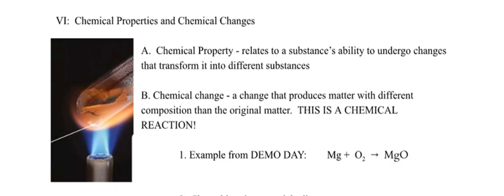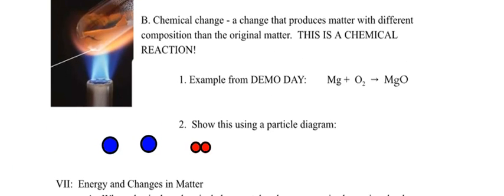So how would this work using a particle diagram? You might want to jot this down. Let these blue circles be my magnesiums, and let the little red circles be the oxygen gas. What happens? The composition changes. When you have that chemical reaction, that flame, that spark, that energy, it's going to break some bonds.